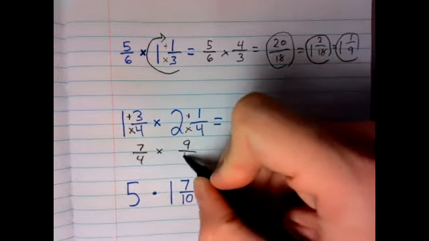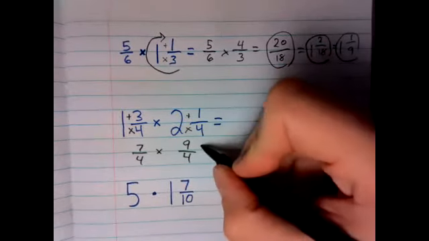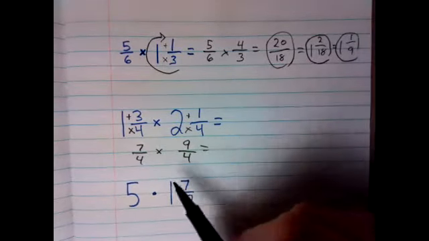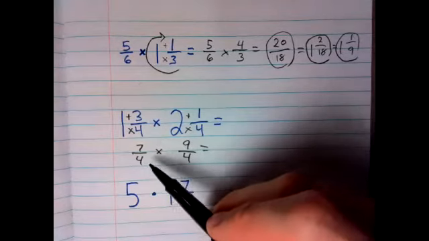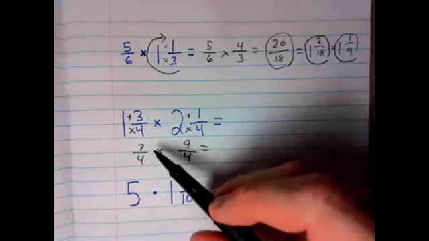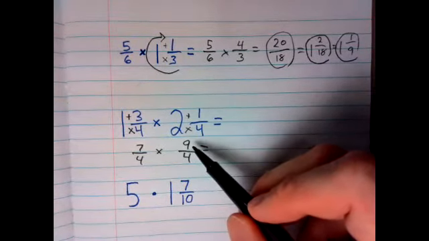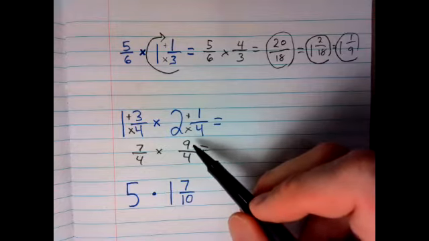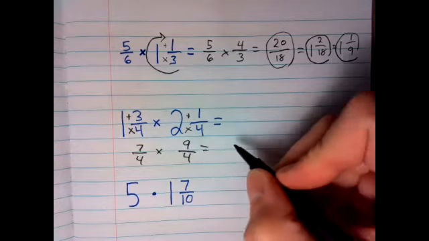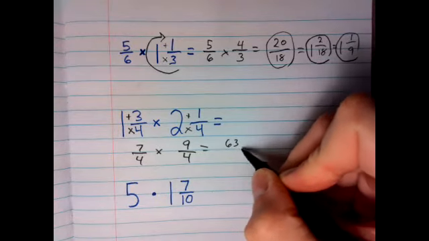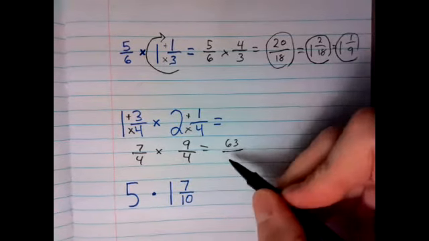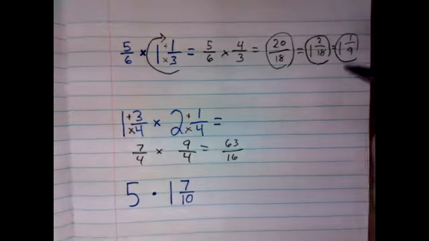Bring down the denominator. We keep it. Now we have a problem that's pretty easy to figure out here. So 7 times 9. Oh, I always get that one stuck. Let me go. 7 times 10 is 70, and then take 7 away. End up with 63. 4 times 4, 16.